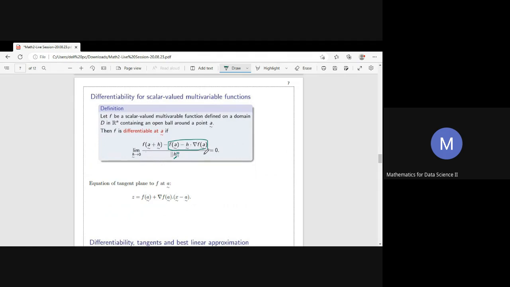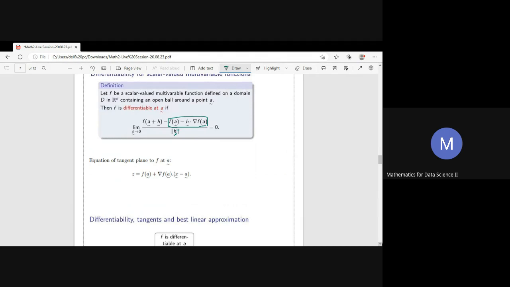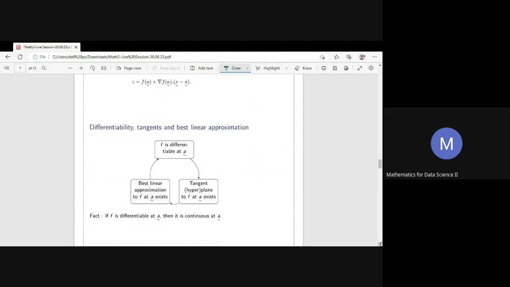Now the same property will hold here, that if f is differentiable at a tilde, then it is continuous at a tilde.